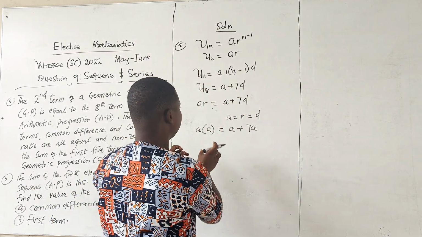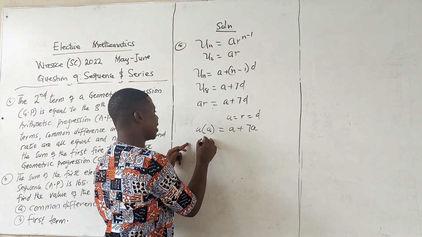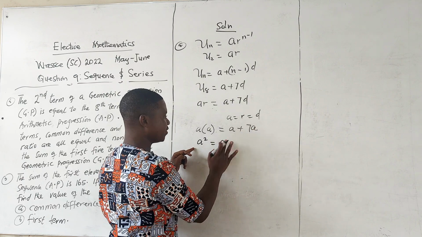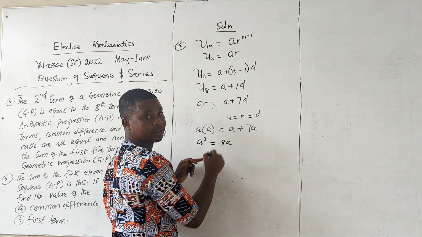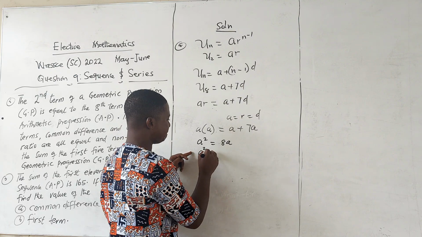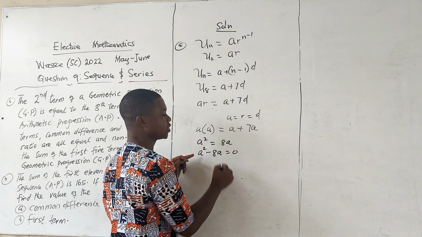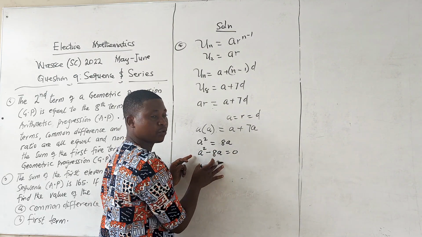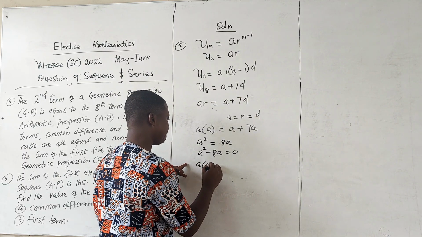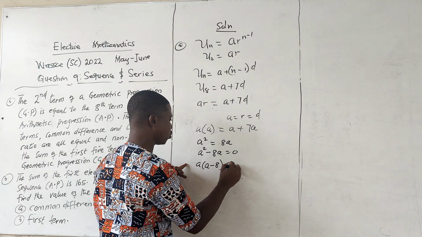With this, we have A squared is equal to A plus 7A, which gives us 8A. So we bring this one here: A squared minus 8A is equal to 0. We can factorize A out: A times A minus 8 is equal to 0.